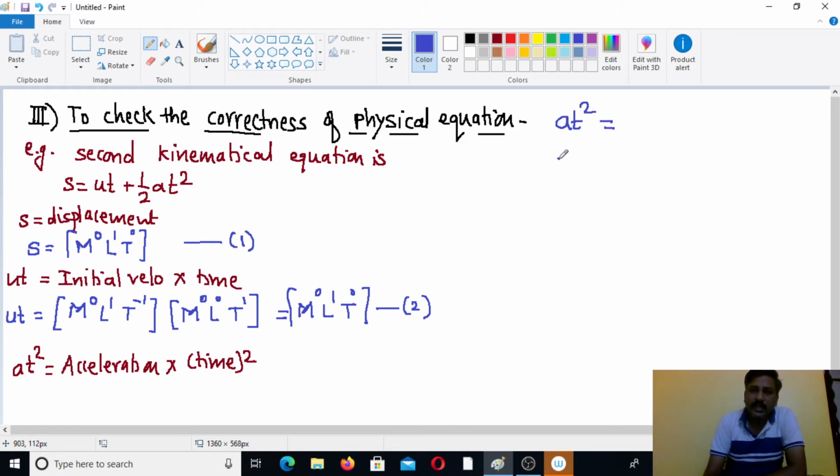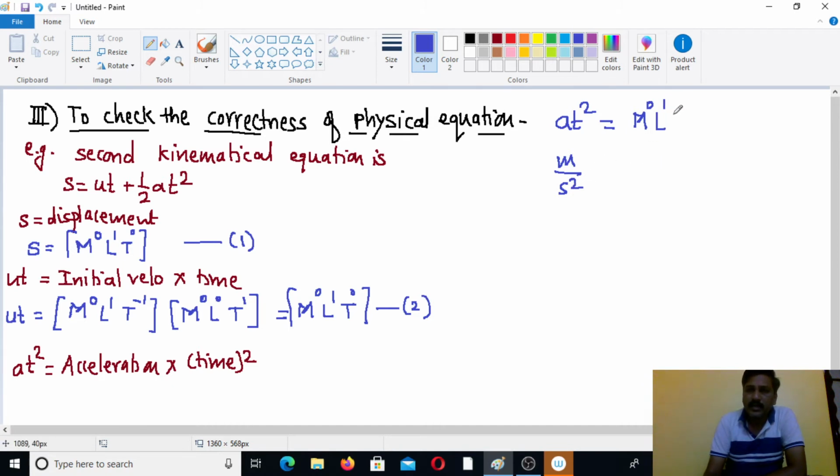Unit of acceleration is meter per second square. So the dimensions become M raised to 0, because meter means meter, and here capital M stands for the mass. Therefore no term related to kilogram, therefore mass raised to 0. Meter is a unit of length which is present in the numerator. So L raised to 1.